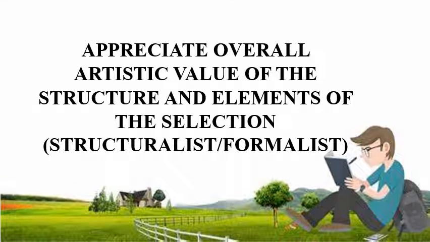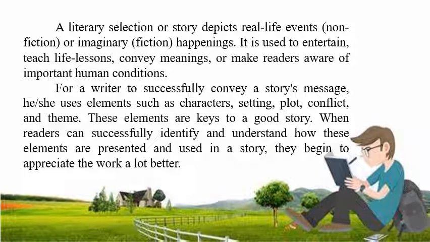Today we will talk about appreciating the overall artistic value of the structure and elements of the selection. You have to become a structuralist or formalist. A literary selection or story depicts real-life events, non-fiction, or imaginary happenings, which is fiction. It is used to entertain, teach life lessons, convey meanings, or make readers aware of important human conditions.